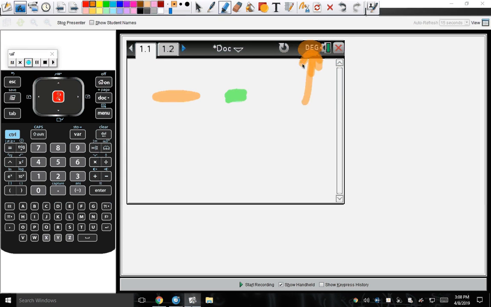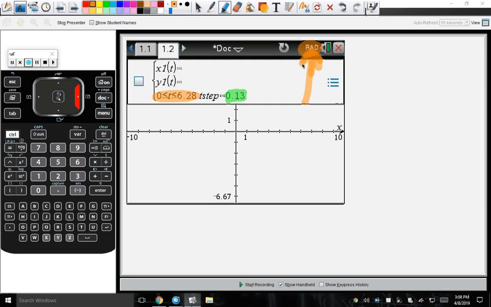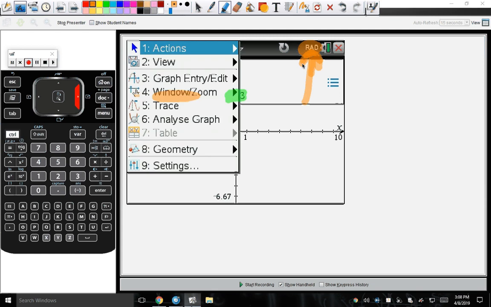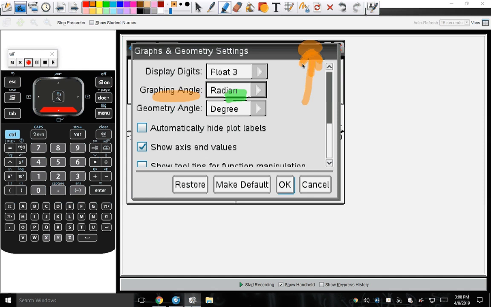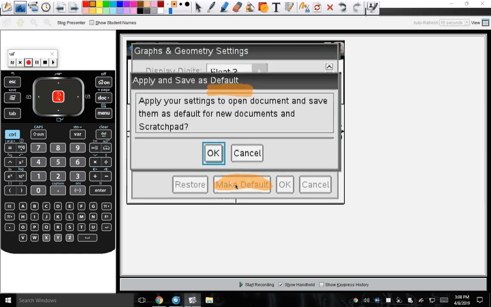If I go control right, my calculator's graphing page is not on degree. So I have to independently change that by pressing menu, 9, and this second one right here needs to change to degree. And then make it your default. Again, make it your default and then press OK.